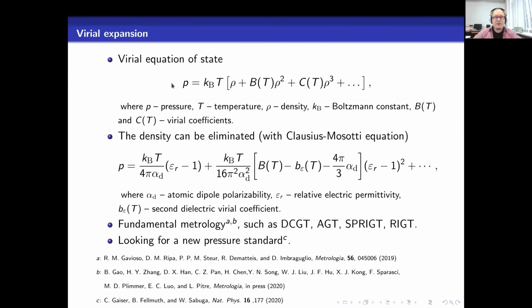So let's start with the virial equation of state. These B and C virial coefficients obviously describe the deviations of the real system with respect to the ideal gas law.